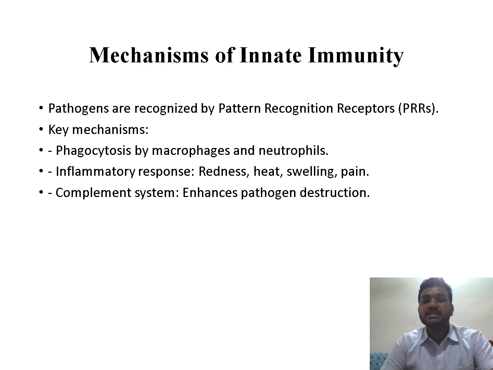Next, let's understand the mechanism of acquired immunity. Acquired immunity is a slower response but highly specific. How are the antigens recognized? If you all remember, I said the word dendritic cells.